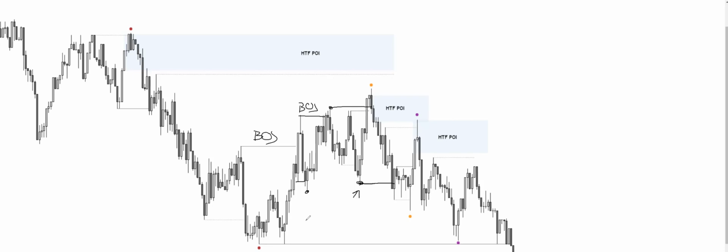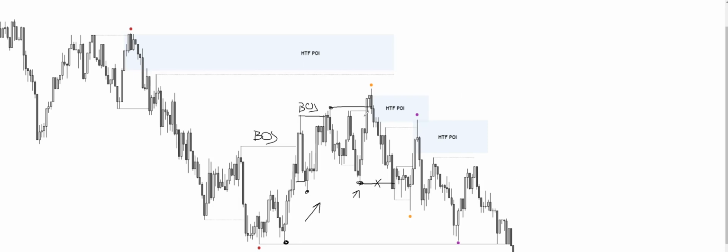Now remember, we are in a bullish market structure and all of the lows must be protected. When one protected low gets broken, the structure will shift from bullish to bearish, retracement to expansion, and vice versa, and internal range liquidity to external range liquidity, right?